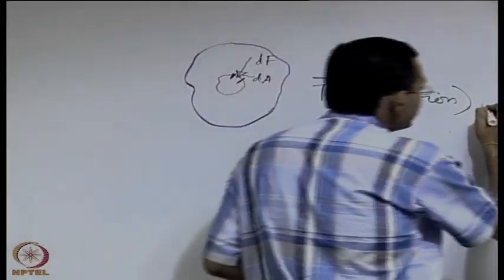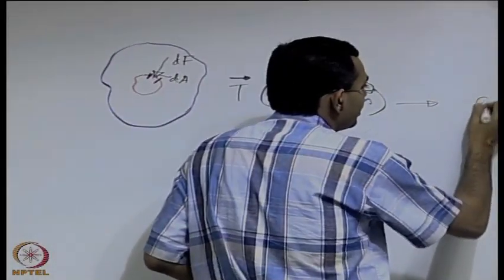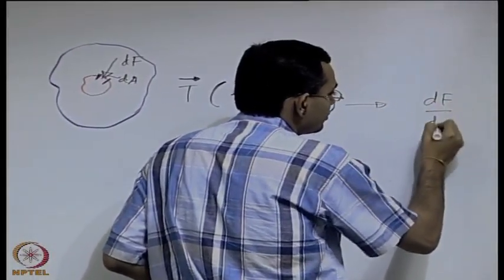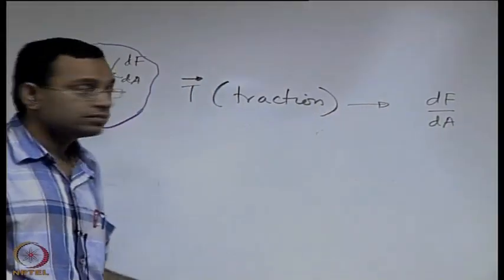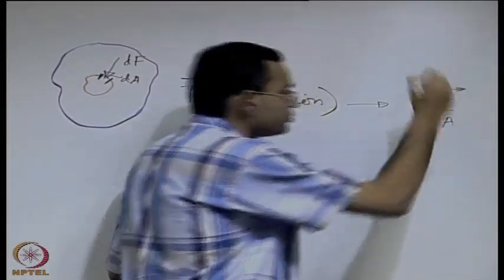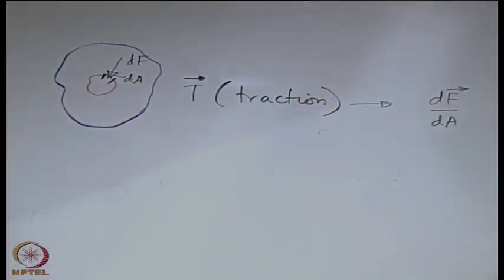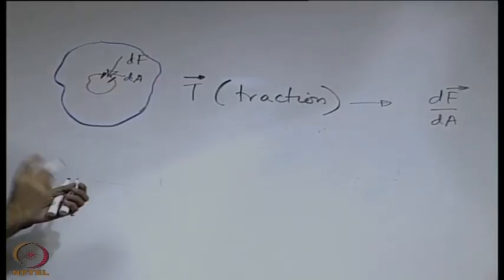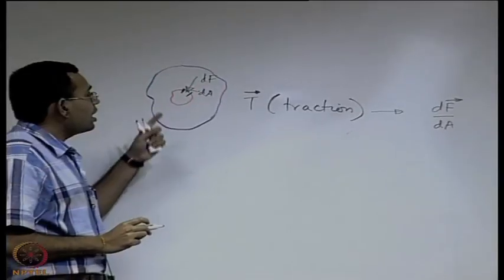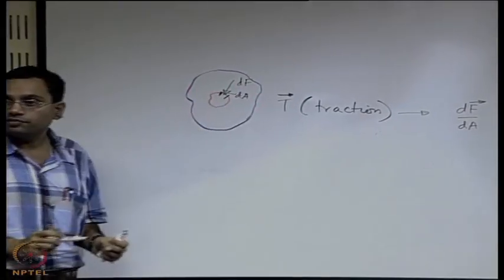It will be implicitly determined by this one, where F is a force, but we have to remember that it is not unique until and unless we specify the area.